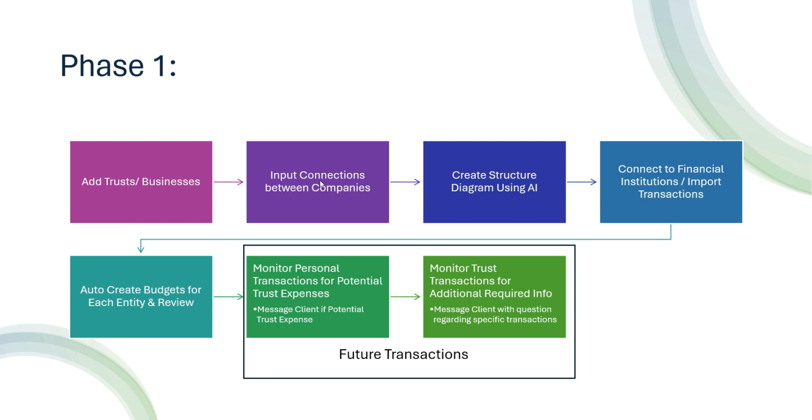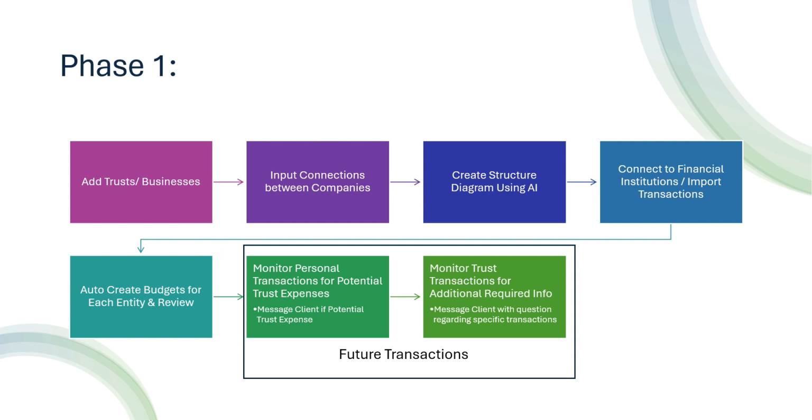We need to be able to input connections between the companies. We need to be able to create a structured diagram using AI. We need to connect to financial institutions and possibly import transactions using Excel. We need to auto-create budgets for each entity and do the review, and then for future transactions that come in, we need to be able to monitor them.